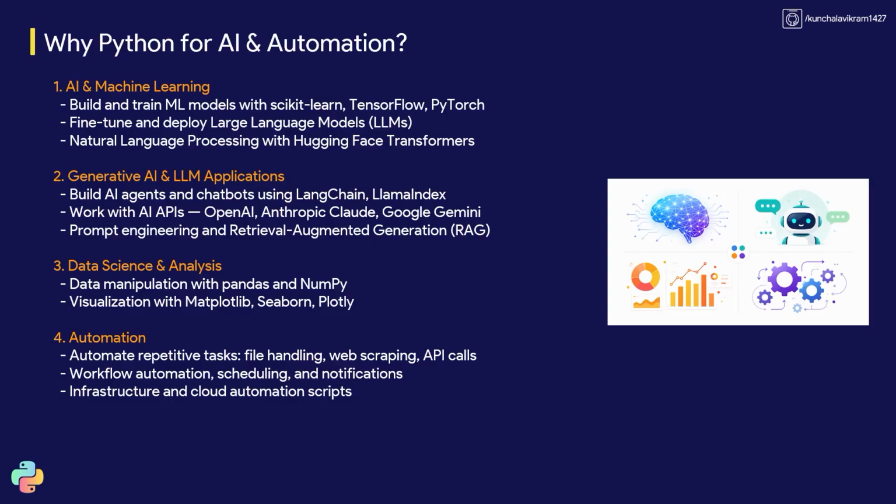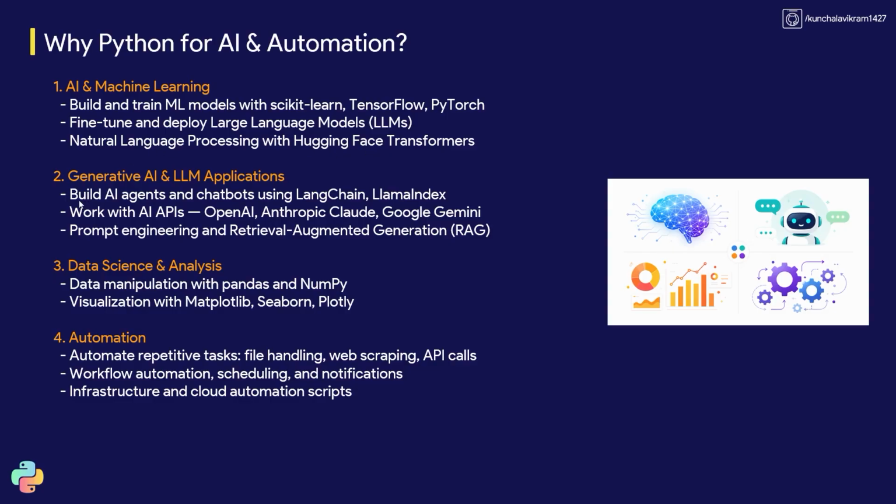Yeah, so why Python for AI and automation? Why has Python become the dominant language for AI and automation? There are, you can say, these four major areas where Python excels. So in AI and machine learning, you can build and train models using frameworks like scikit-learn, TensorFlow, PyTorch. You can fine-tune and deploy these large language models and do natural language processing using probably Hugging Face Transformers.